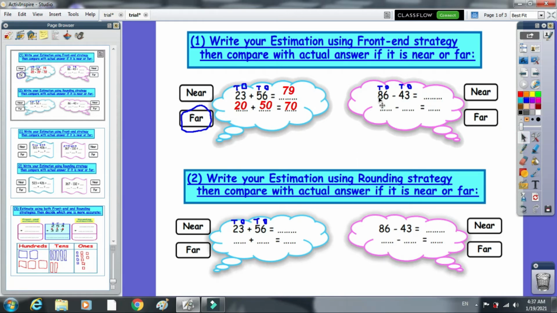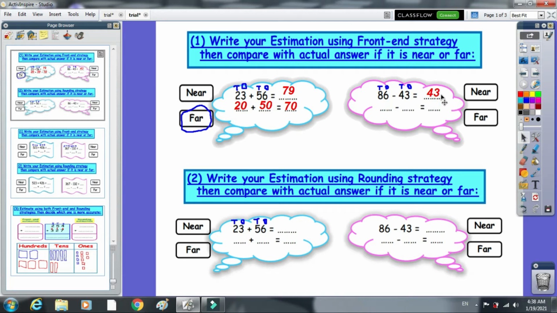Second example, 86 minus 43. To get the actual difference here, I will say that 6 minus 3 equals 3, and 8 minus 4 equals 4. So the difference will be 43.